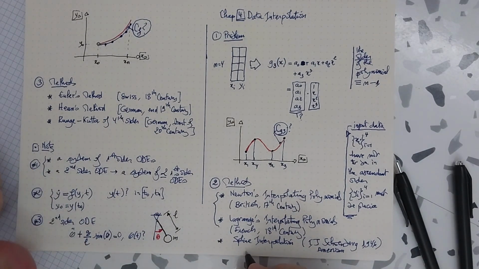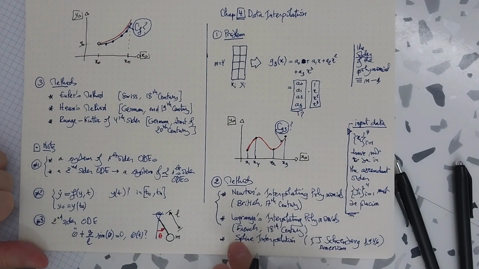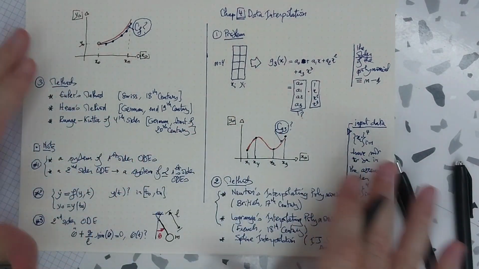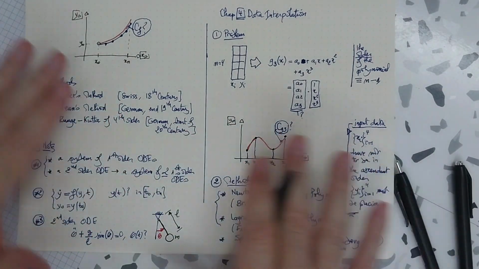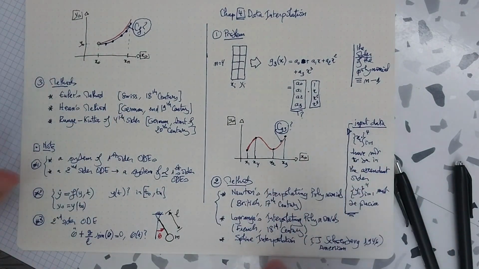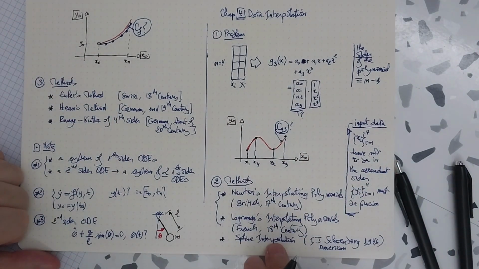Splines are used in a more sophisticated formulation called B-splines, NURBS, non-uniform rational B-splines, in graphics. But here, of course, we are in a foundation course, a first course, so we study the basic spline interpolation.